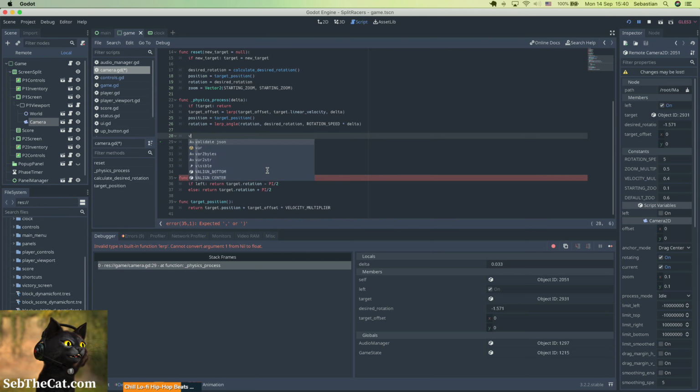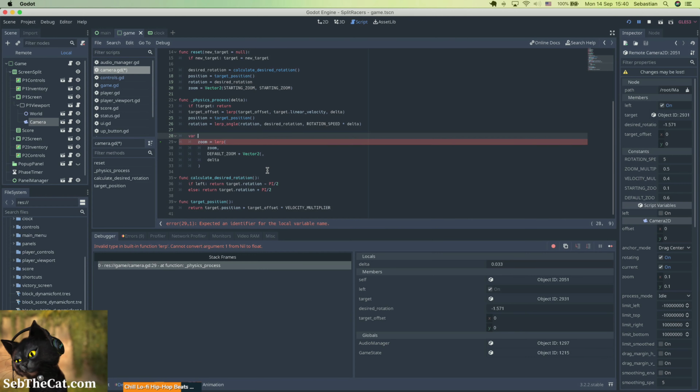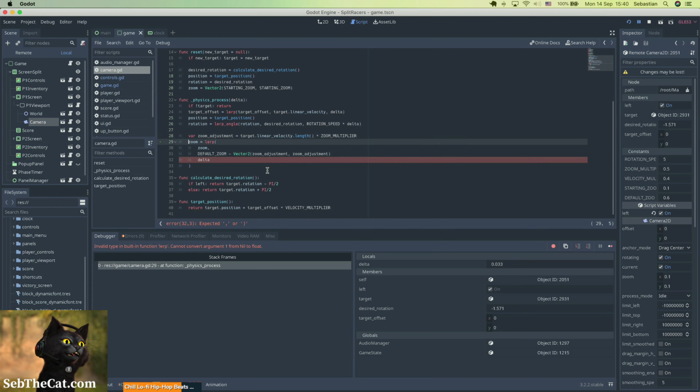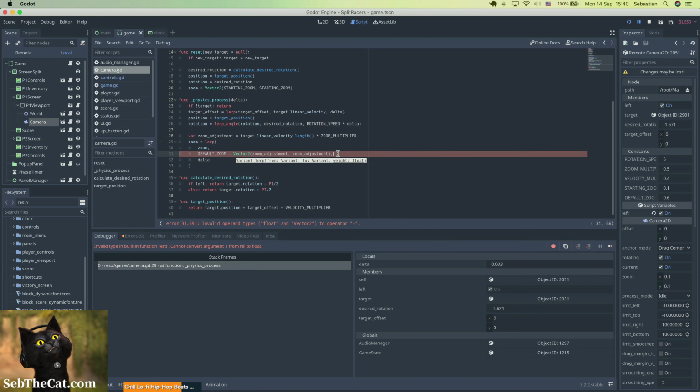Alright, so we can say the var zoom adjustment can equal the linear velocity times our multiplier. And then we set our zoom equal to that zoom adjustment. And I think we actually want that to be negative. Float minus.